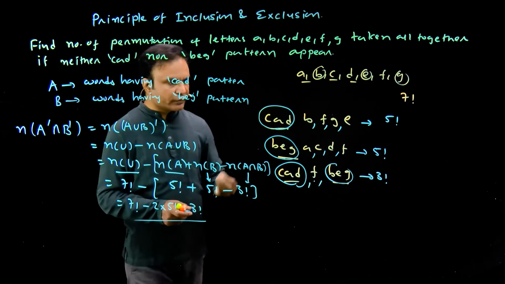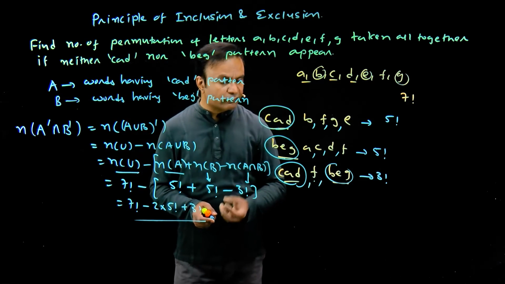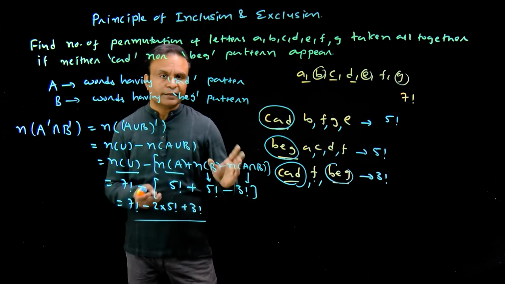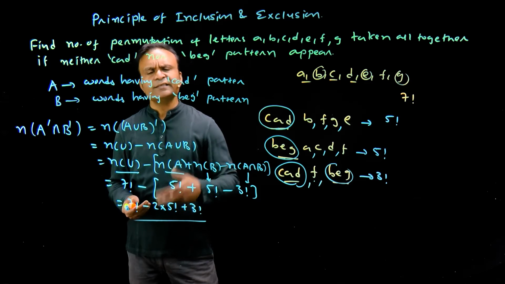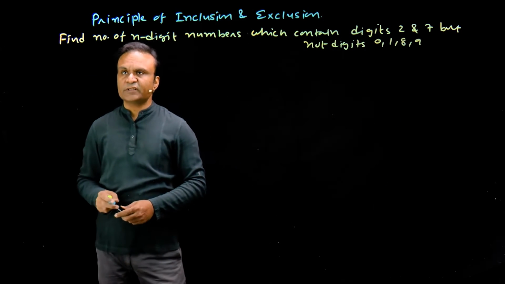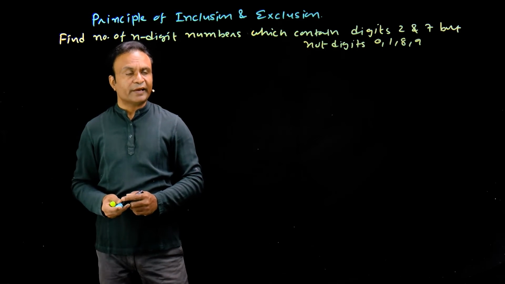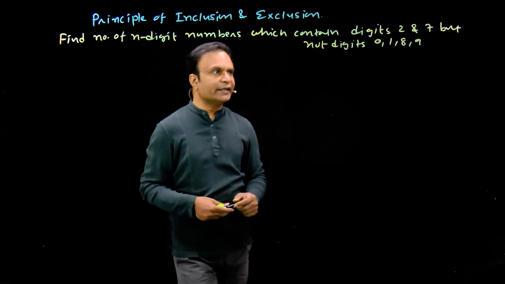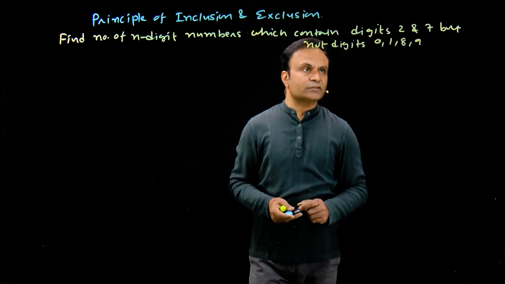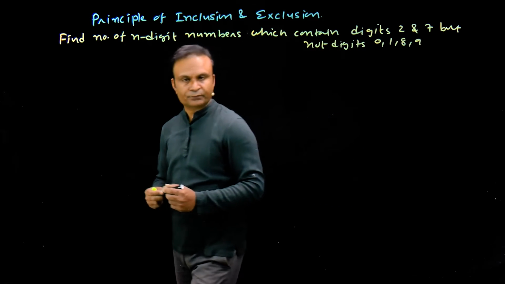So this is again one elementary question but very fundamental question from principle of inclusion and exclusion. Let's take more examples. Okay, this is next question. Question is find number of n digit numbers which contain digits 2 and 7 but not digits 0, 1, 8, 9.